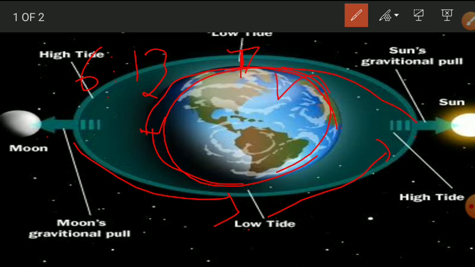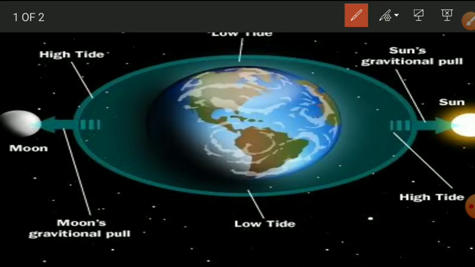So if we divide 24 by 4, on average it comes to 6. That is why in your book it is written that every high tide and low tide have a difference of 6 hours and 13 minutes.